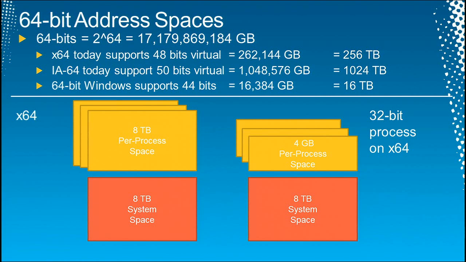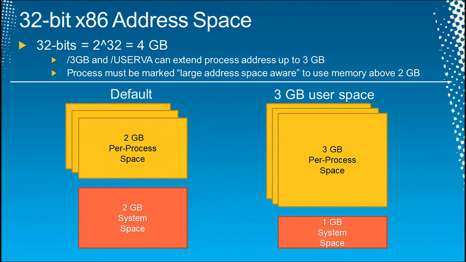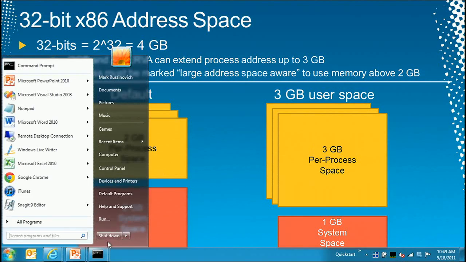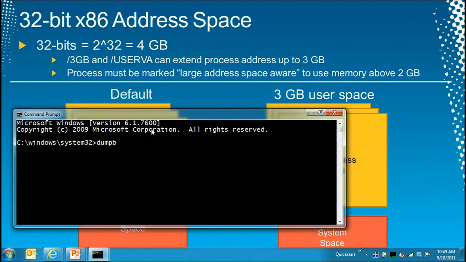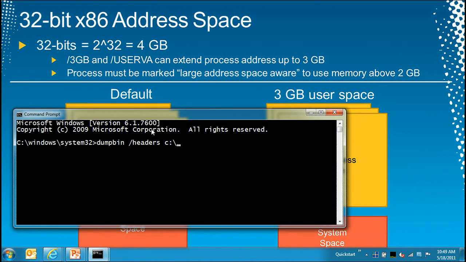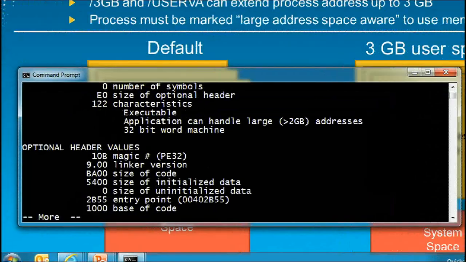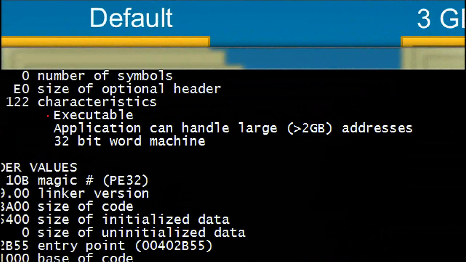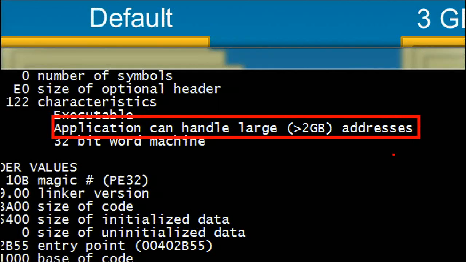And if you look at the right side, that's what a 32-bit process looks like on 64-bit Windows. Actually, one of the things back here is that to take advantage of that extra 1 gig there on the right side, you've got to have an image that's marked as large address space aware. I've got such an image. I mentioned Testlimit. And if you dump bin, which is the linker tool that comes with Visual Studio, and dump headers on Testlimit, you'll see here that one of its characteristics is application can handle large 2 gigabyte addresses.